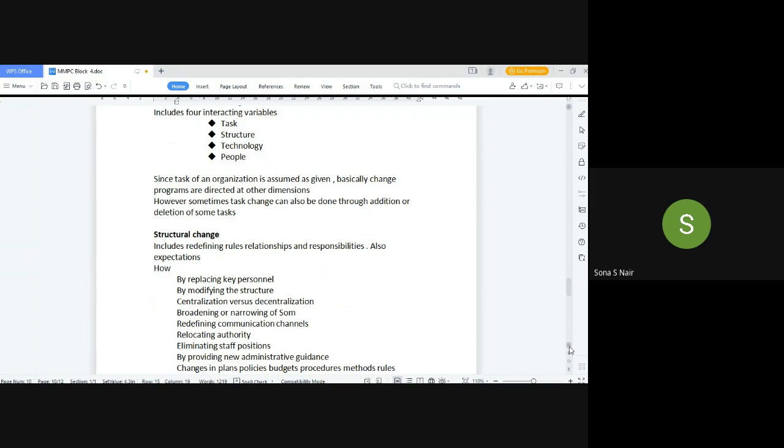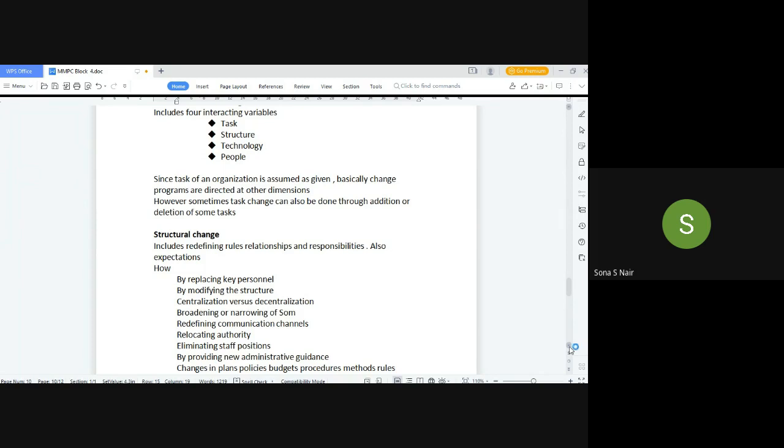Okay, by modifying the structures. The structural change happens how? By replacing key personnel, by modifying the structure. If we feel that some departments need to be taken away, some responsibilities need to be shuffled, that is what we mean by modifying the structure. Or some designations or some posts need to be dissolved, that also can be done.